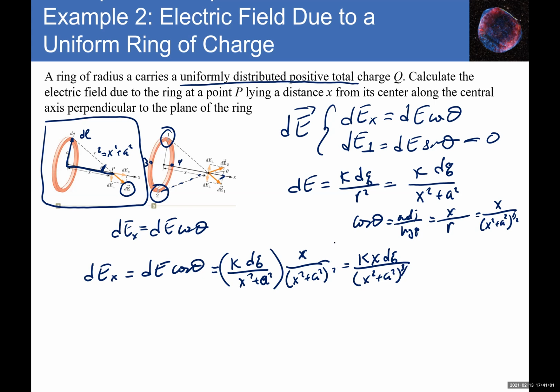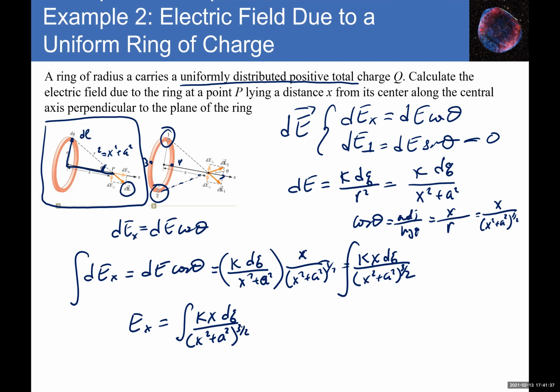Sorry, guys, this one is 1/2. Then here it becomes 3/2 when I combine those two together, giving k x dq over x squared plus a squared to the 3/2. Then I integrate both sides. On the left side, the integral of dEx becomes just Ex. On the right side, I have the integral of kx dq over x squared plus a squared to the 3/2. So that becomes my integral.